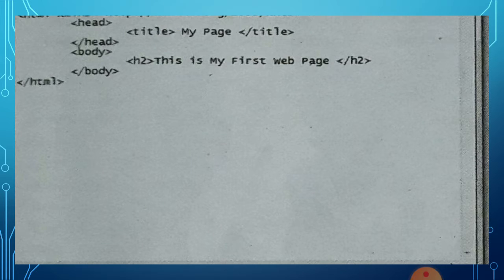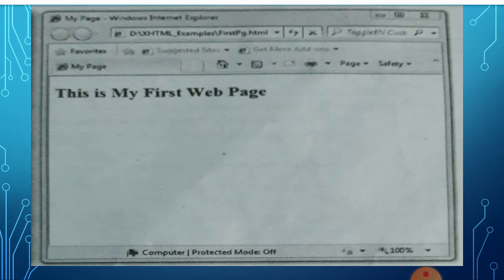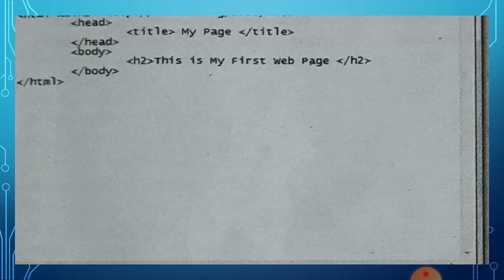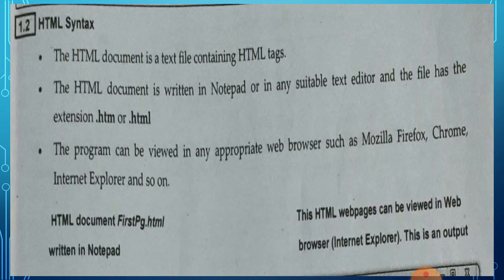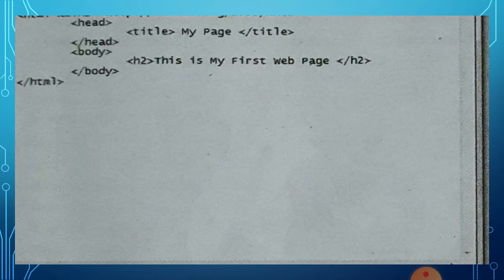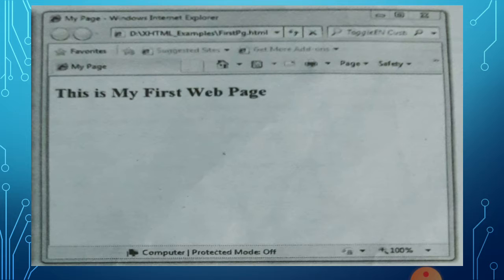Within the body we are providing the information: this is my first web page is our output. We can see it in any web browser such as Mozilla Firefox, Chrome or Internet Explorer.